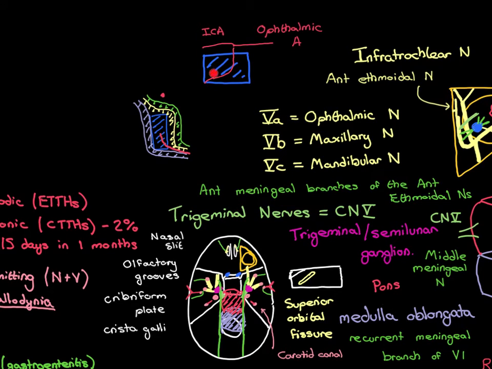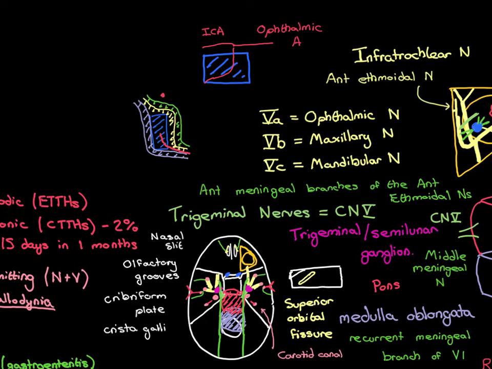If we took the right cross-section, we would see the internal carotid artery here as it's going through the cavernous sinus, and then we'd see it again up here as it's now above the cavernous sinus and looping back over. So right at the front, here, it gives off the ophthalmic arteries, and of course this will be happening on both sides, so you'll get the left ophthalmic artery and the right ophthalmic artery.